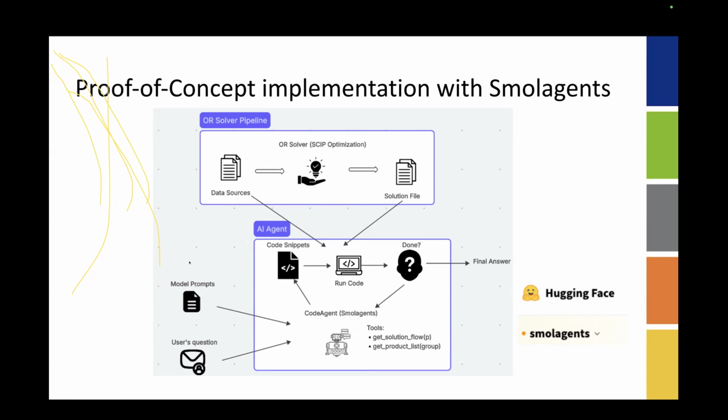So here basically you have two types of inputs. The user question may be very specific about my model. For example, if I solved my optimization model once, one question I can ask is how much demand in my data source there is, or how many cars I'm trying to deliver.